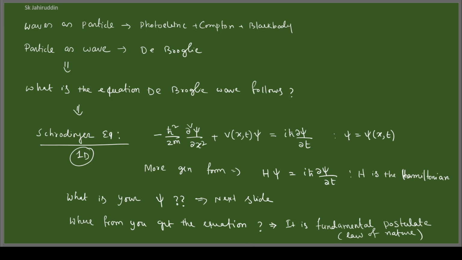So psi actually means the probability density, that is the Born interpretation of psi. It is to be stated very clearly that in one dimension we're dealing with psi star psi.